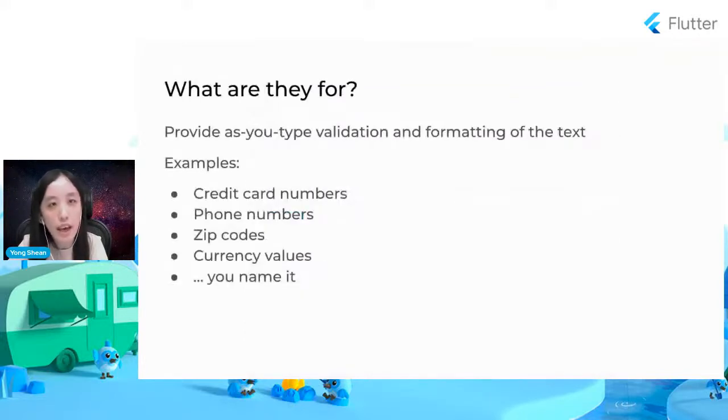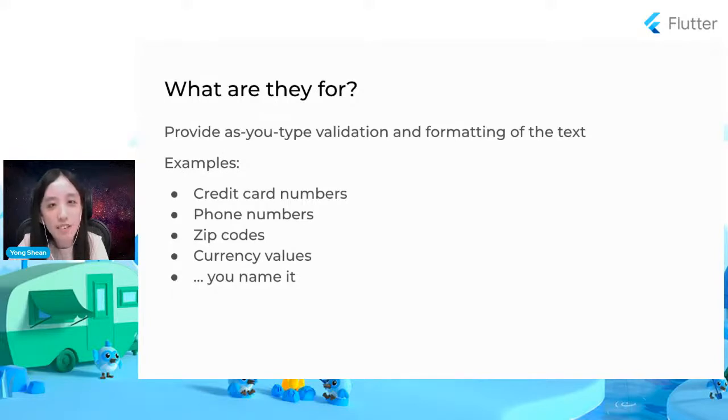This is what I've mentioned just now. It provides as-you-type validation and formatting of the text that is being edited. There are many examples of such applications, like credit card numbers, phone numbers, zip codes, currency values, and a lot more.